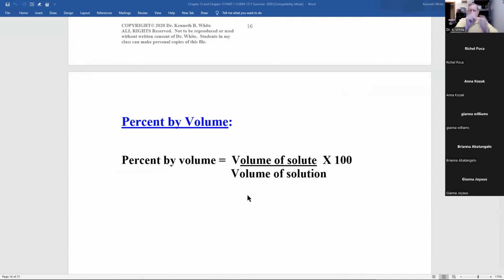Percent volume is the volume of the solute for the total volume of the solution times 100. The higher the number, the more solute is present in that solution. Now, the only place I really see percent volume is on wine bottles, telling you how much alcohol is present.